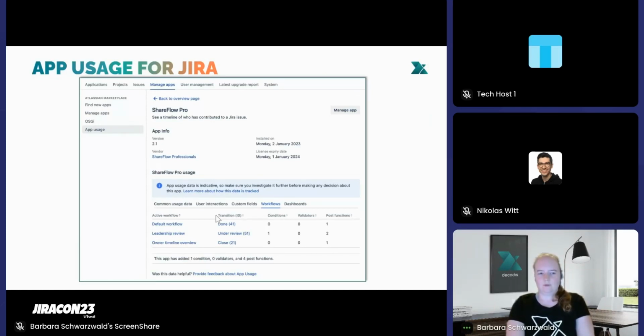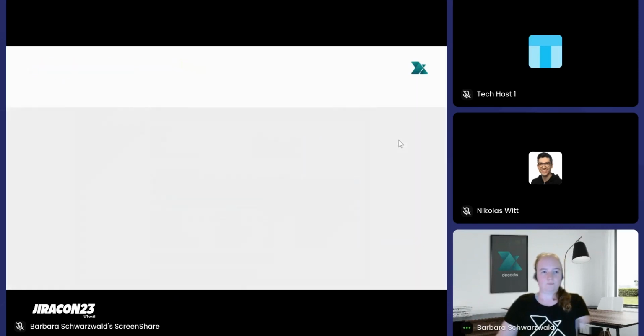And this will basically give you, for any of the apps that you have in your system, usage data, interaction, but also if they provide any configuration elements, for example, additional custom fields, or are used in workflows, then you can find a list of the usage here in this app usage app. So this will also help you with analyzing your instance and knowing what challenges await you on the migration.